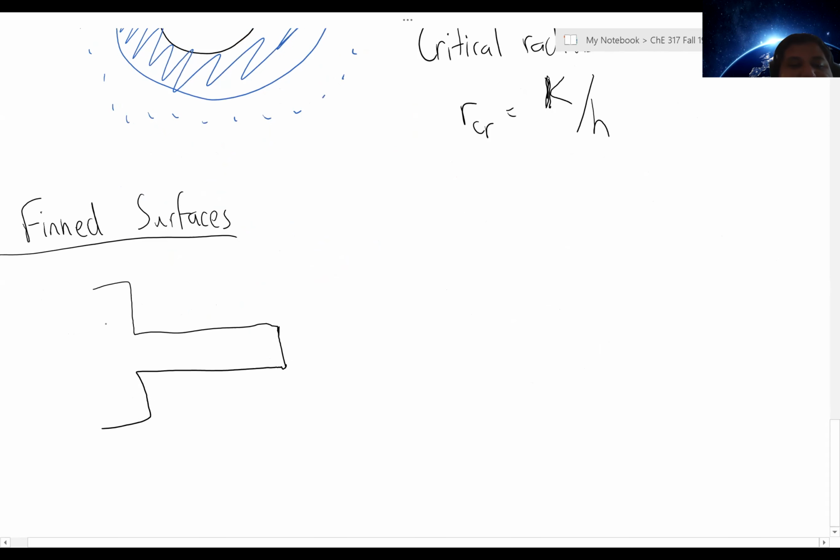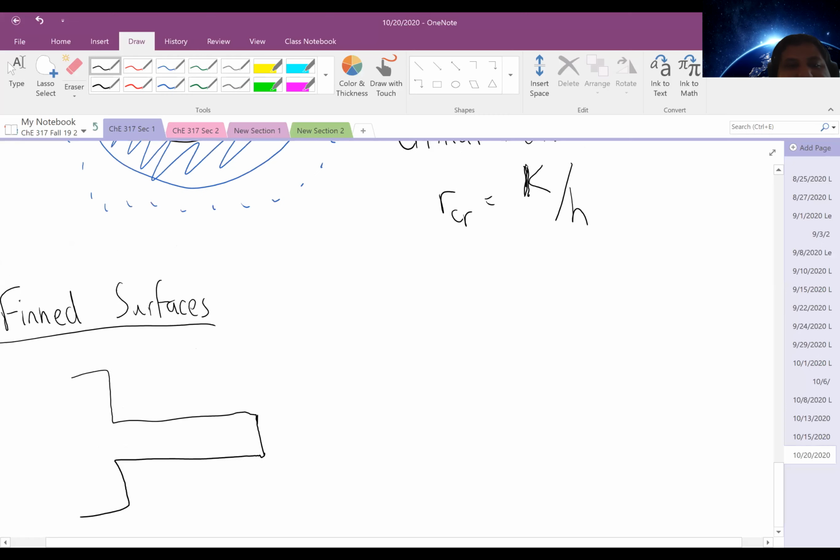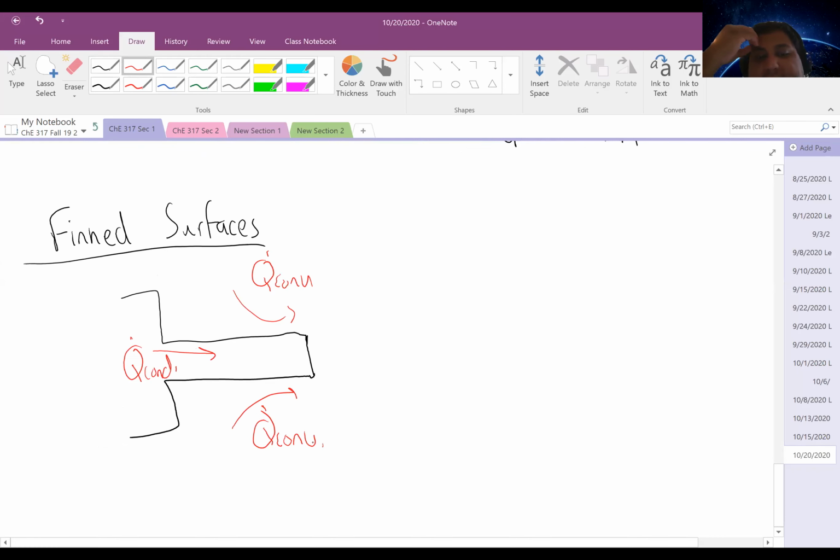But what you have is essentially a system where you're creating additional surface for heat transfer and heat dissipation primarily. And what you look at and consider is the conduction from the base into the fin, as well as the convection that occurs from the fin to the surroundings.